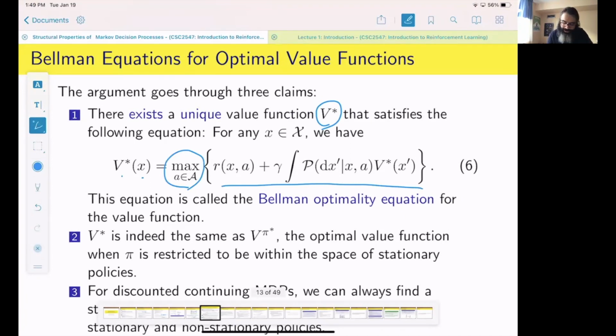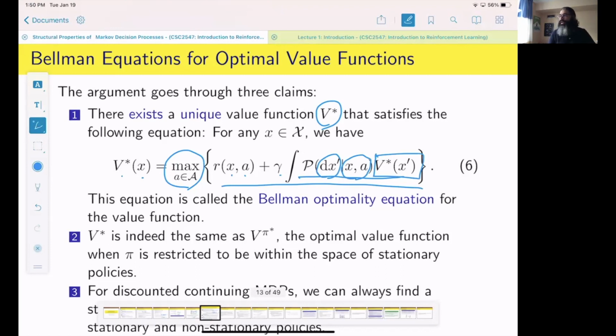It is the expected reward we get at state x and a, plus gamma times the expectation, starting from state x and a, of going to x prime and computing V star of x prime.